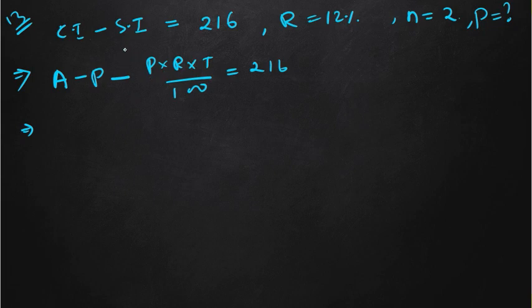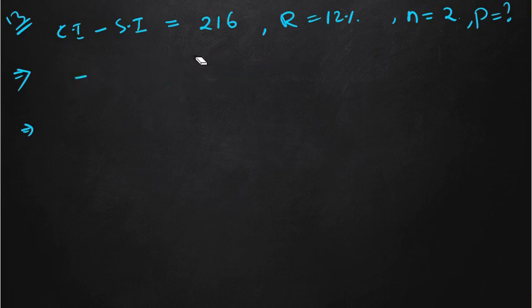Just put in the values. First we need to calculate the amount, then simple interest, and only then can we find the value. I think it is compounded annually. If it is not given, we will use compounded annually. So amount is P into (1 plus R by 100) power n.